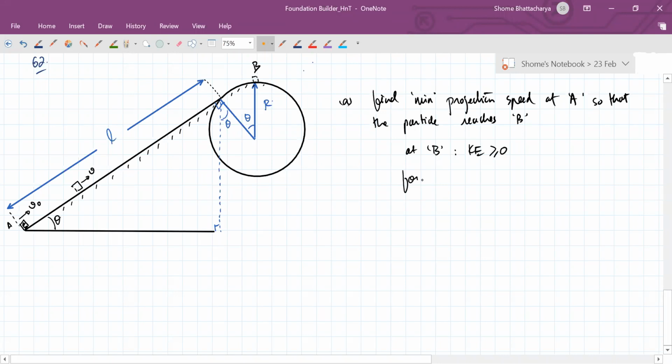Okay, so for v naught to be minimum, kinetic energy at B should be equal to 0.